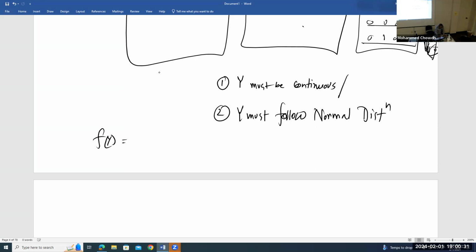Y must have this probability format. Clear, right? Two conditions: Y must be continuous, and Y must follow a normal distribution. Number 3.